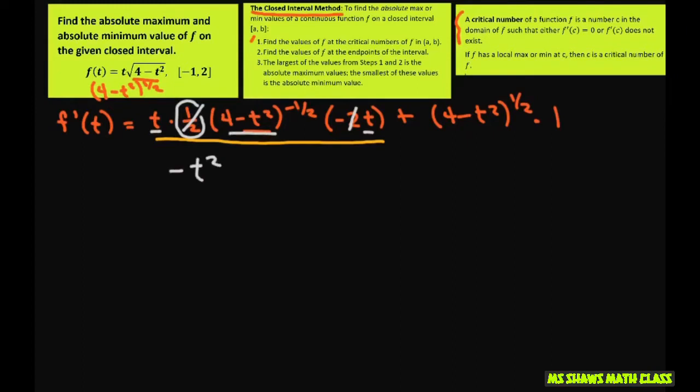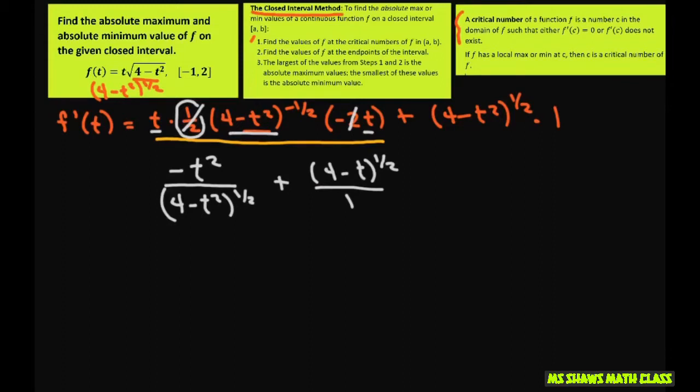I'm going to put this in the denominator, which is 4 minus t squared to the 1/2, and then plus 4 minus t squared to the 1/2 times 1, so this would be over 1.